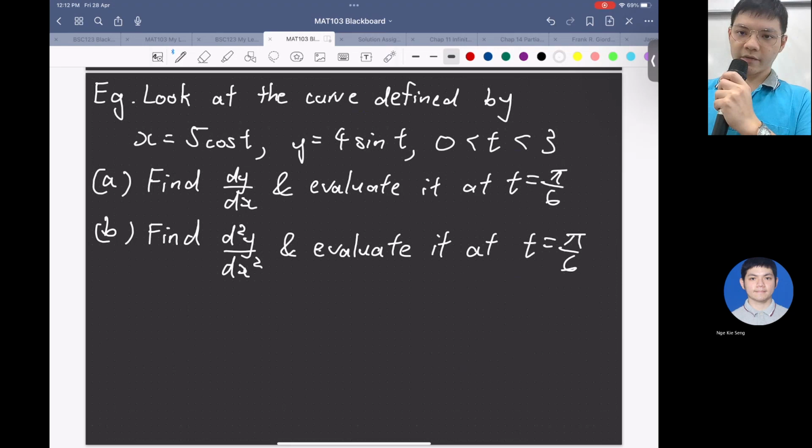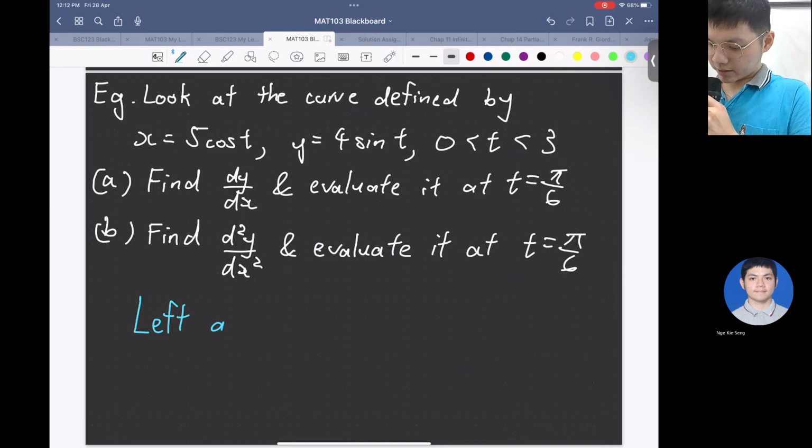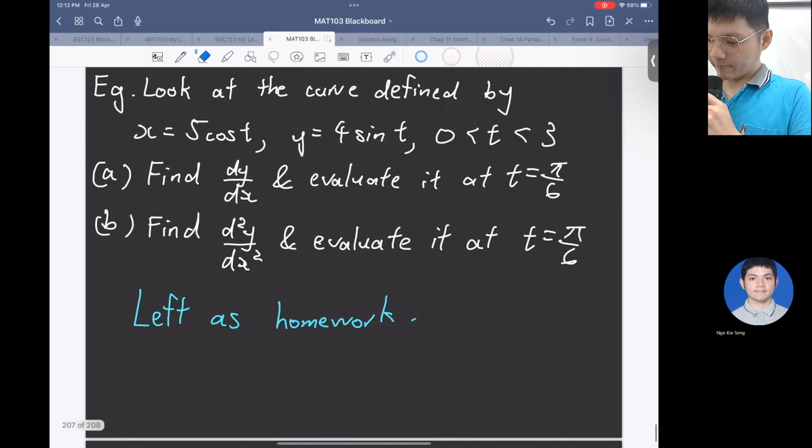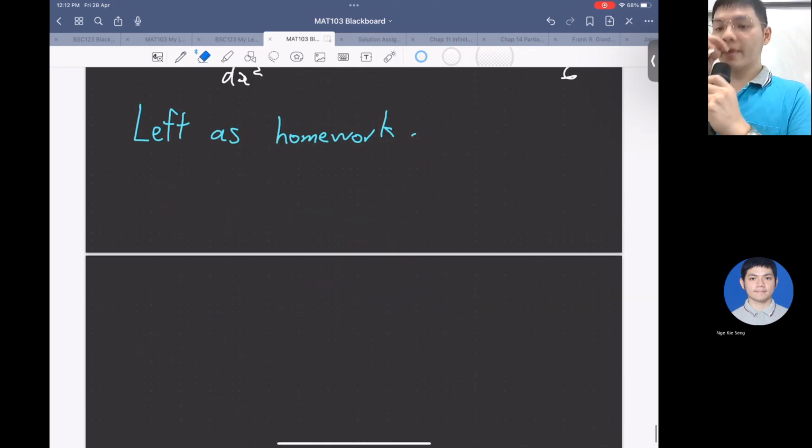We have another question that has more context, so this one we leave as homework. I will discuss another one with more context, where we can actually draw some.